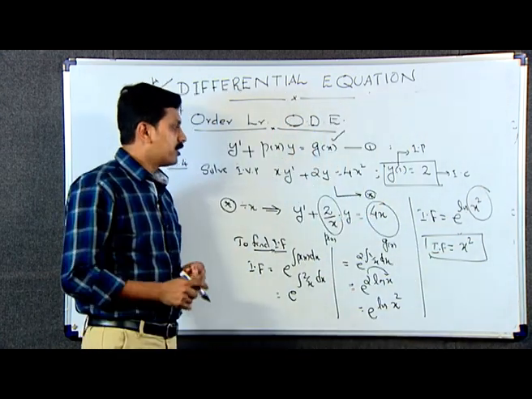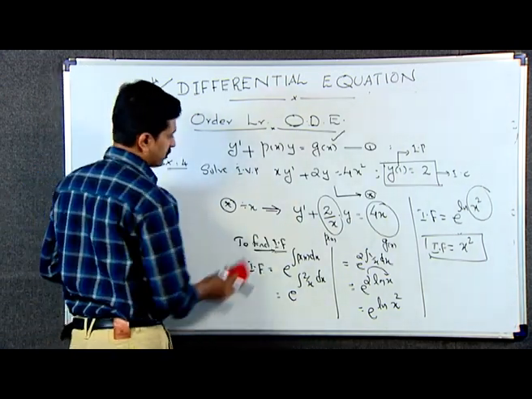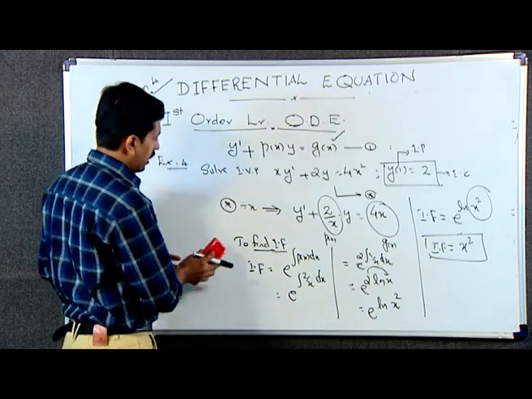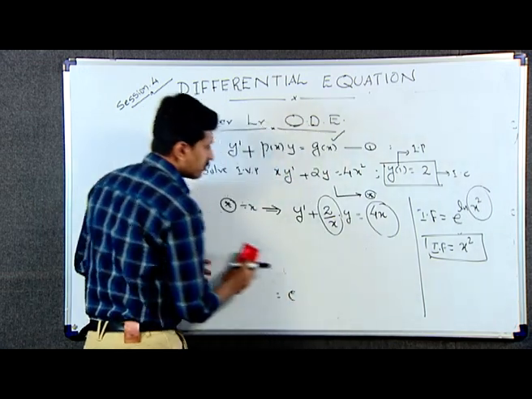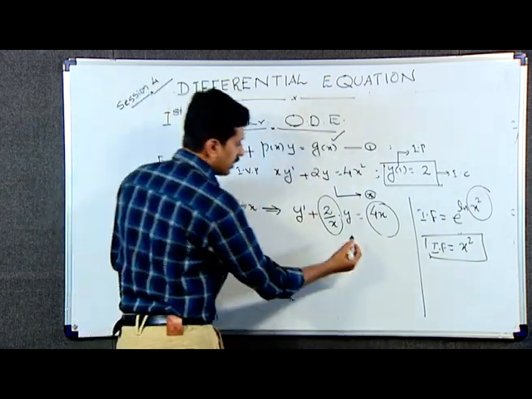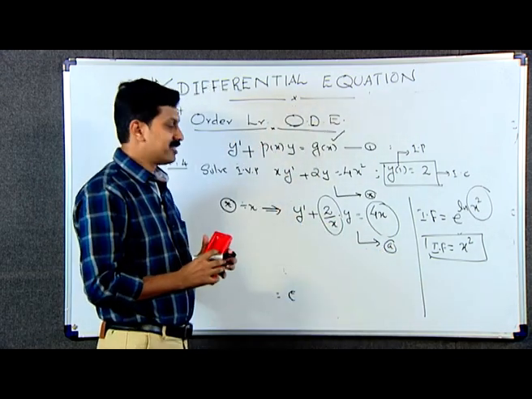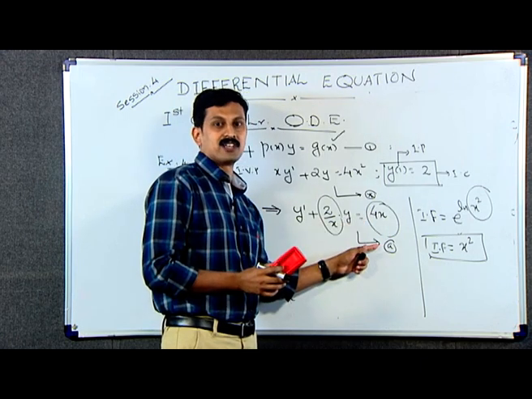For this problem, we found the integrating factor is equal to x square, and we will apply it here. The solution of star is actually the solution of equation A, and star and A are equivalent linear differential equations.